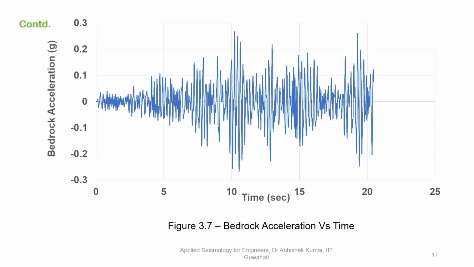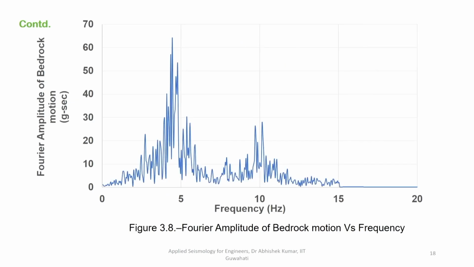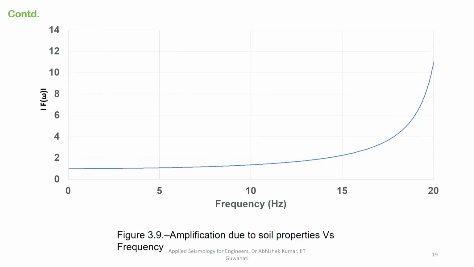This is the bedrock acceleration time history, which has been taken in this particular example, converted to frequency domain using Fourier spectra, Fourier analysis, which was discussed in the previous slides. From here you determine amplitude versus frequency content.